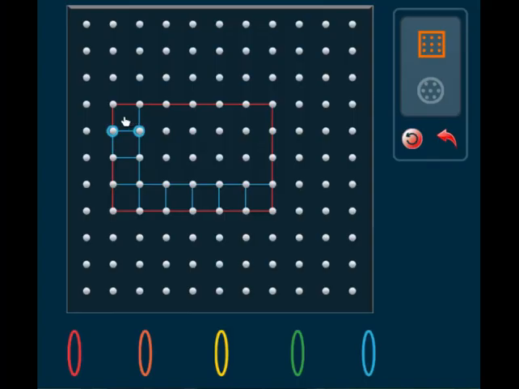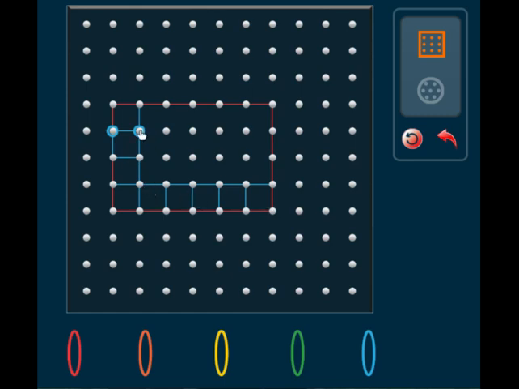I've started this for you already. Here's Bella's large rectangle. And there are 1, 2, 3, 4 square units in each column. There's one in this column. How about this? 1, 2, 3, 4, 5, 6 square units in a row.